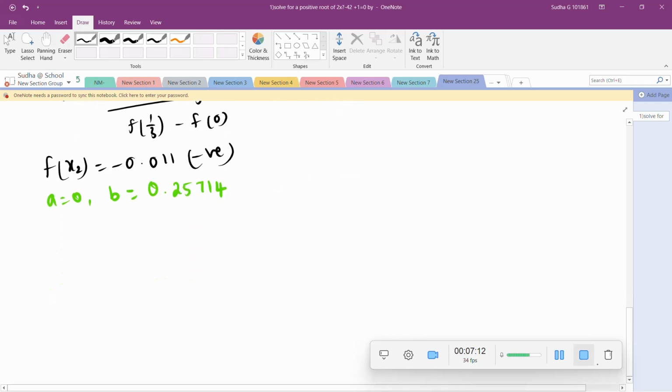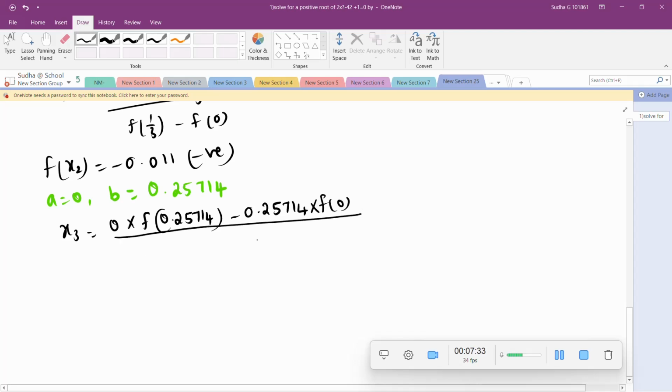Again we need to use the Regula falsi formula. So x3 equal to 0 into f of 0.25714 minus 0.25714 into f of 0, divided by f of b minus f of a.